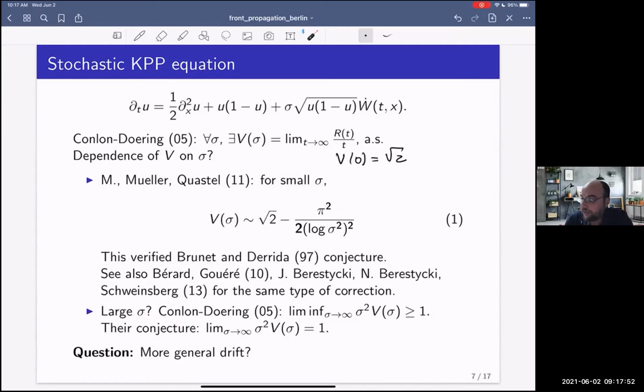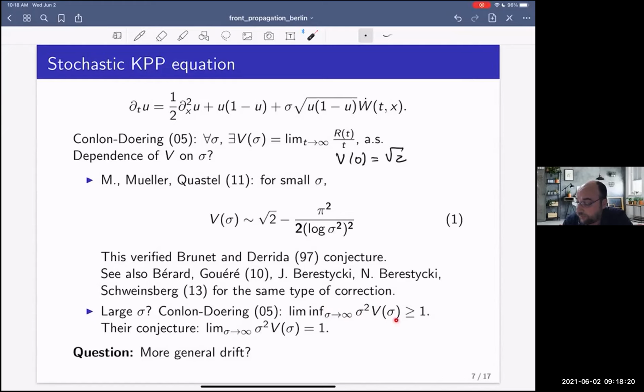Again, there is a result of Conlon and Doering that V sigma, as sigma increases, the speed of propagation should decrease to 0, and they have a lower bound on the asymptotic of V sigma. So sigma squared times V sigma is greater or equal than 1, in the limit as sigma goes to infinity.